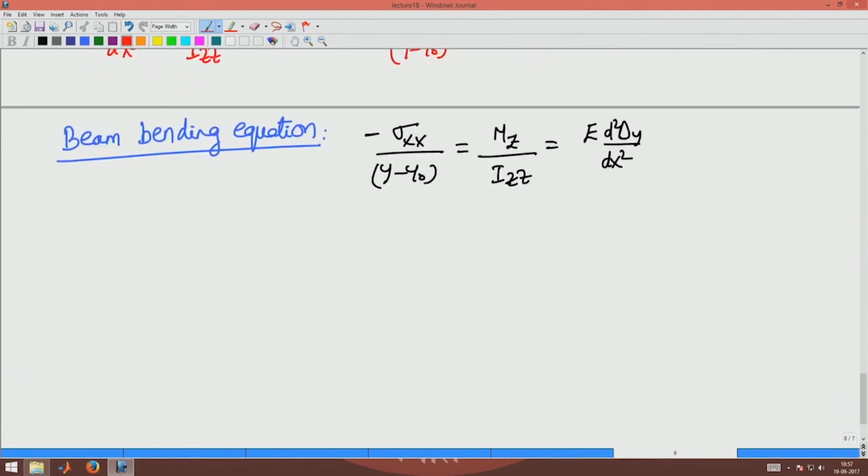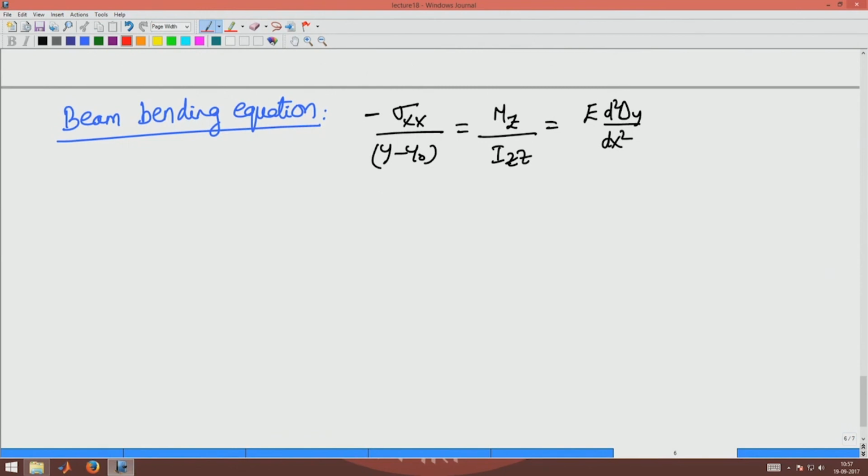Okay. So, we have the beam bending equation given by this equation here.